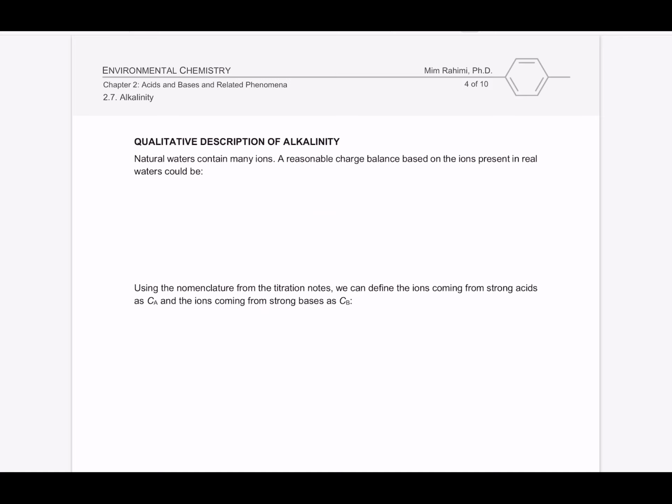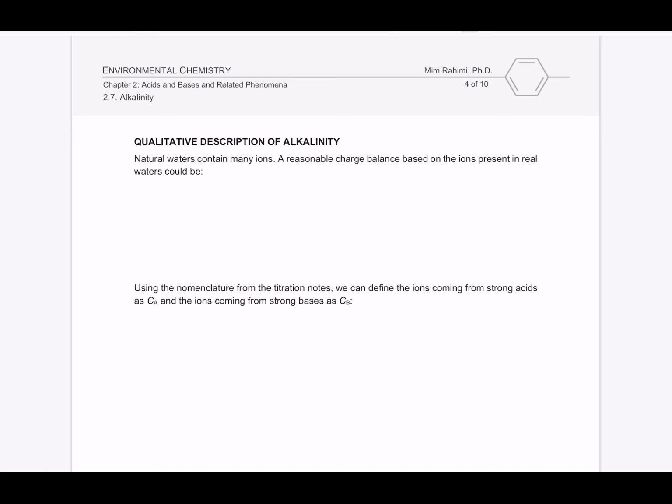And we're expecting to see something similar here also because they share a lot of similarities, alkalinity and buffer capacity. So we're expecting to eventually see alpha, also to see total, and also to see the concentration of hydroxide and proton, which is the contribution of alkalinity of water. So the qualitative is what we talked about in the previous page.